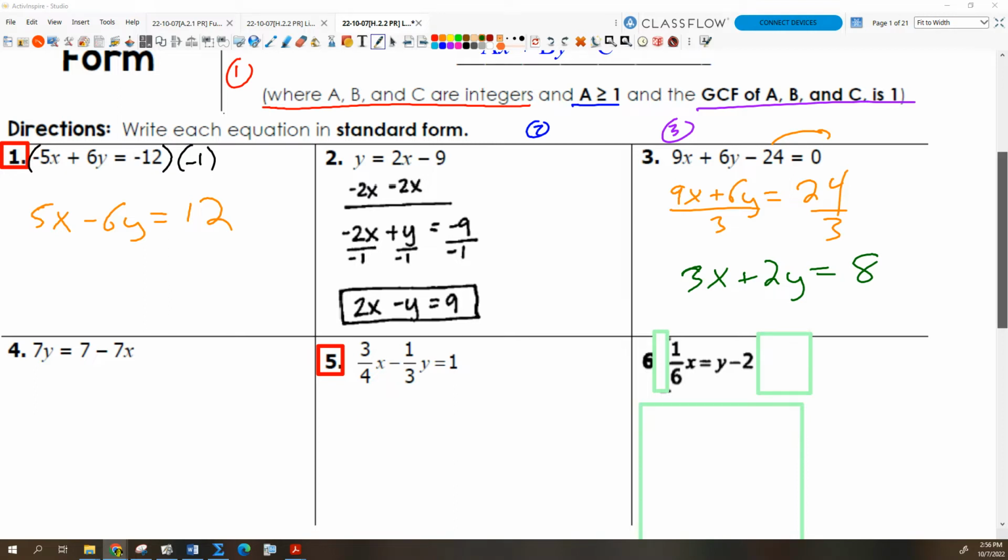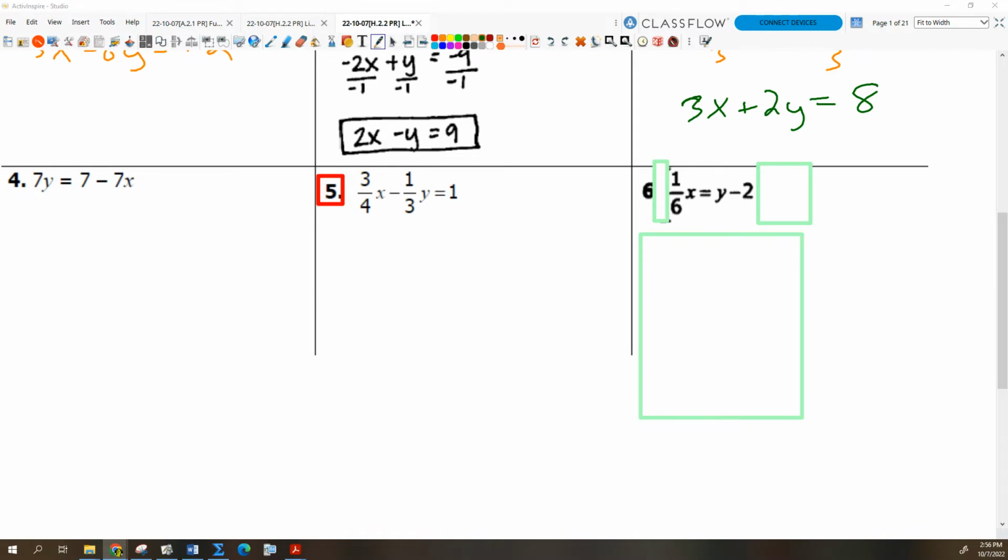What would I do with number 5? It almost looks good, right? I've got a positive value for A. The A and the B are on the left side and C is on the right side, but what's wrong? They're not integers. Okay, so how could I make all those integers real quickly? The least common multiple of the denominators, which is what? 12.